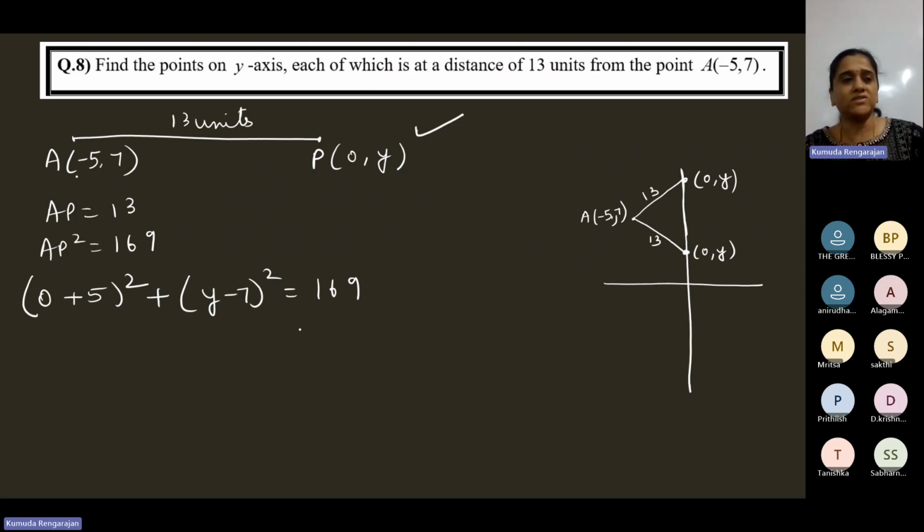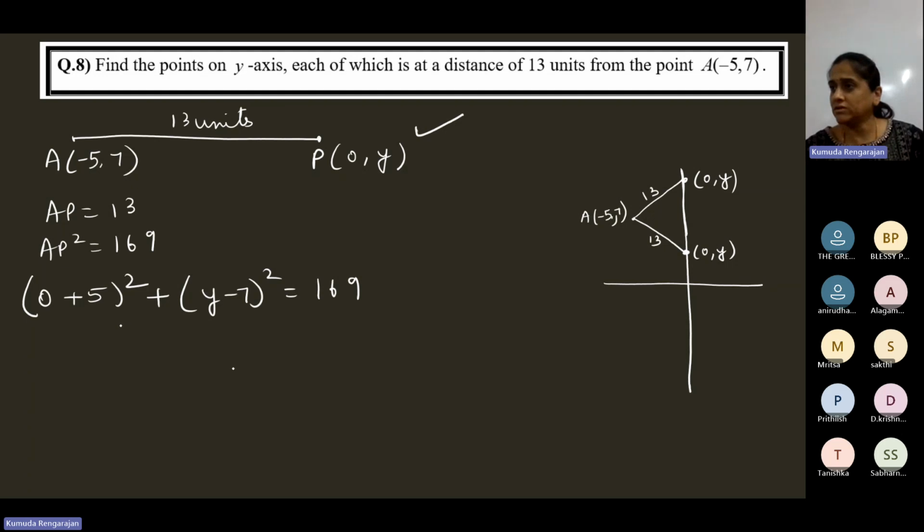So A is minus 5 comma 7. Then this is the point on the y-axis, which is given by the address 0, y. Distance between them 13 units. So AP is 13, AP square is 13 square, which is 169.